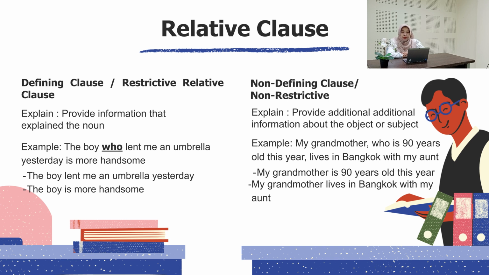My grandmother, comma, who is 90 years old this year, comma, lives in Bangkok with my aunt. So you see two commas around the clause, right? So where is the relative clause or adjective clause? Who is 90 years old this year.